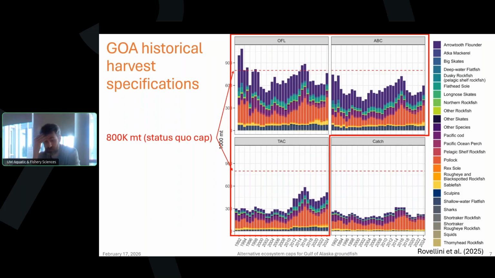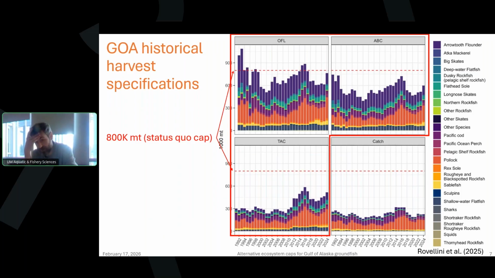Presumably the system back in the 1980s was fairly productive, relatively speaking, at least, and the aggregate MSY for groundfish was about 800, 900,000 tons or so, and then it dipped back up back in, what was this, 2016, whatever, before the heat wave, it seems.